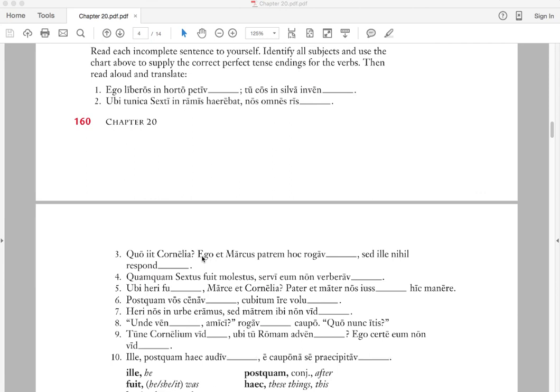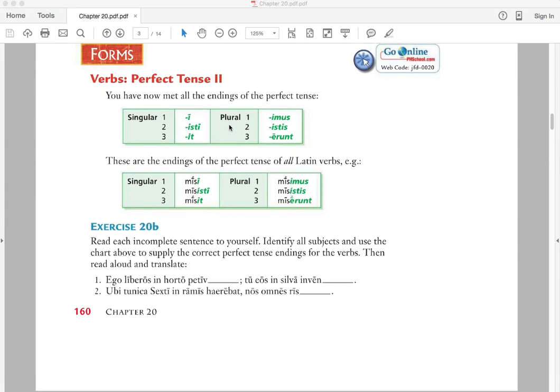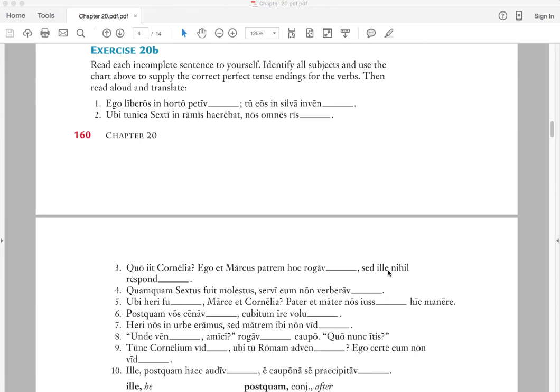So we're going to say ego et Marcus patrem hoc rogavimus, but now you know he is he, she, or it. That's third person singular. But he responded nothing. So here we need third singular. And we look back to the chart here and we see it is the ending for this verb here. So it said ille nihil respondit.